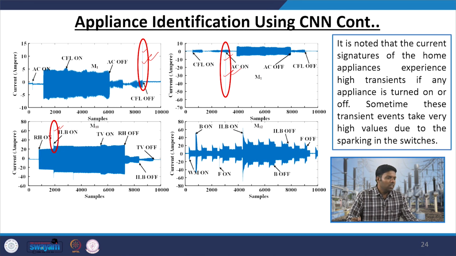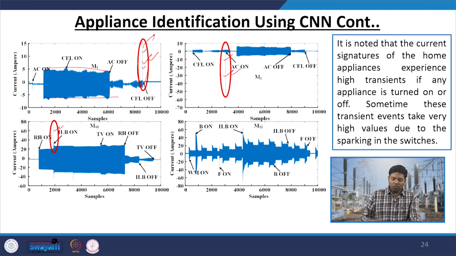Whether it is carrying any information, yeah, obviously it will say that at that time you have switched on something, but what you switched on, it will not say. Okay. So, if you take this feature out, it will dominate your other features, because this current is very high compared to this level of current. So, if you take a feature out of it, then your convolutional neural network will be biased to that instant, and it cannot recognize which device is turned off or turned on.